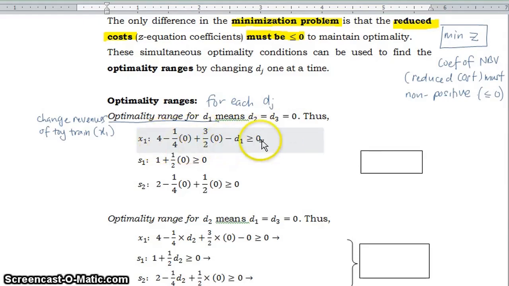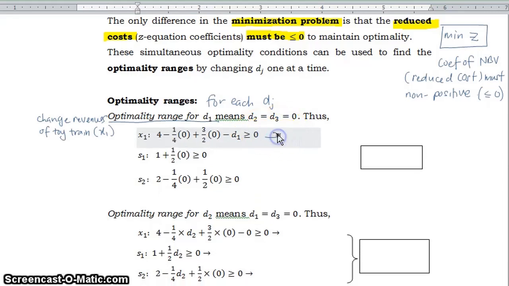We need to make sure this reduced cost is greater than or equal to 0. We simplify: 4 minus D1 is greater than or equal to 0, so D1 is less than or equal to 4.